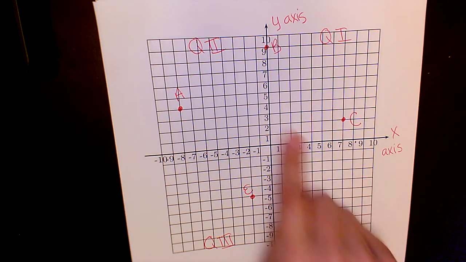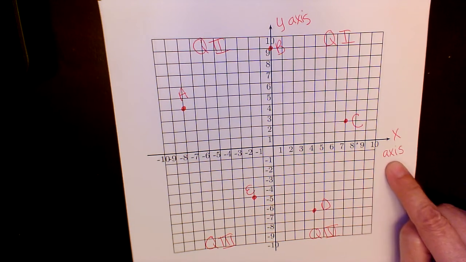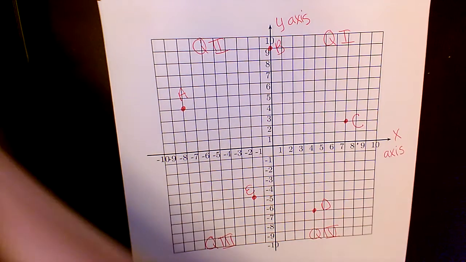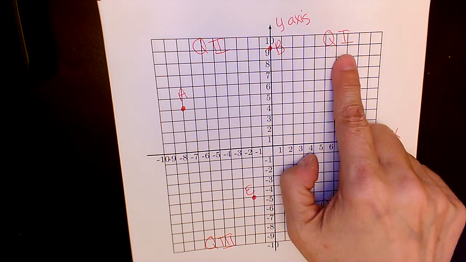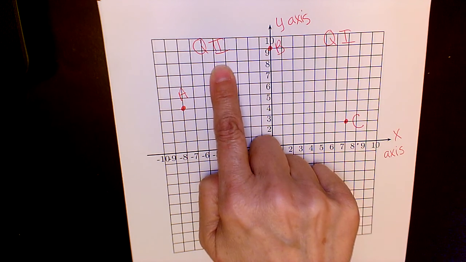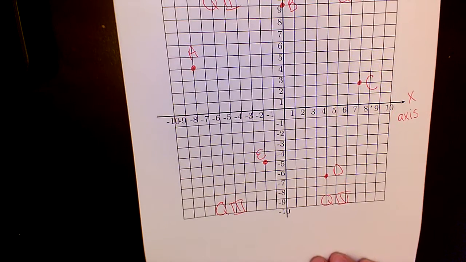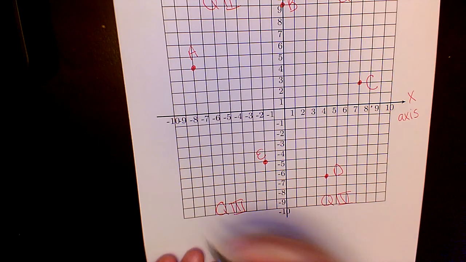What is this point? What is this point? And we know this is the x-axis, this is the y-axis. And I labeled my quadrants, this time with the Roman numerals, so you could see that. Quadrant 2, Quadrant 3, Quadrant 4.